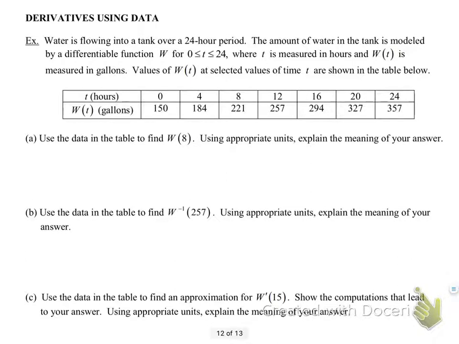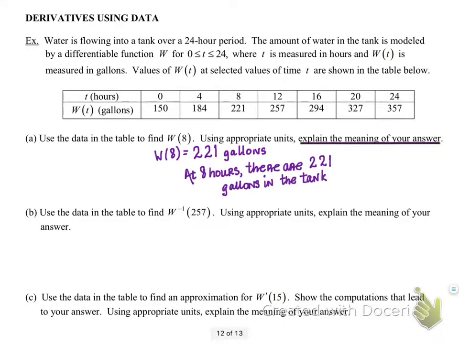We're going to use the data in the table to find W(8). Use appropriate units explaining the meaning of your answer. Appropriate units, not approximate units. At 8 hours, there are 221 gallons in the tank.